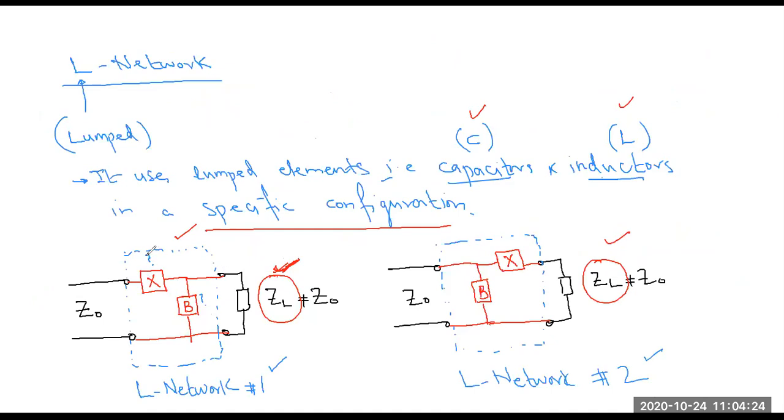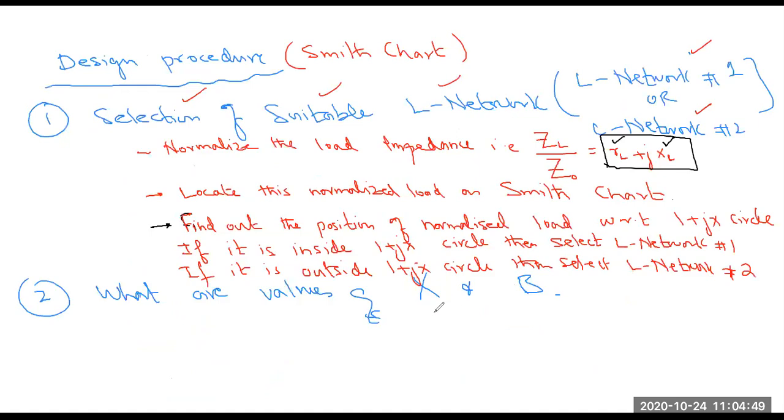Now you are going to find out what is X and what is B. As I mentioned in my previous discussion, for this X and B there are 4 possibilities. So we need to find out which, out of those 4 possibilities, is the exact single possibility. Okay. So let's find out how you are going to find this value. So we will use Smith chart.